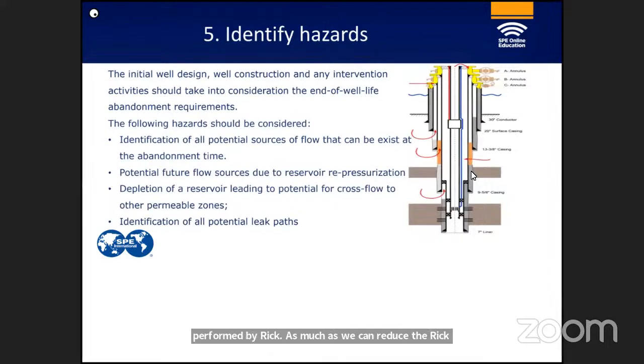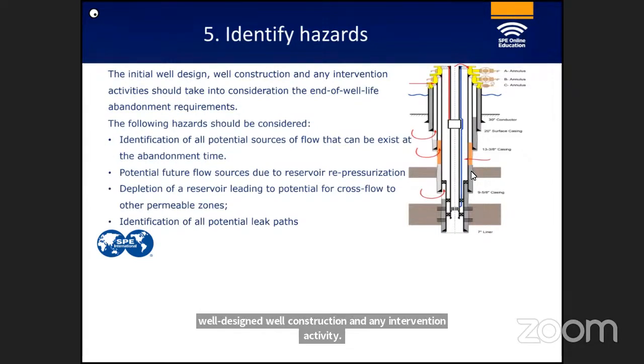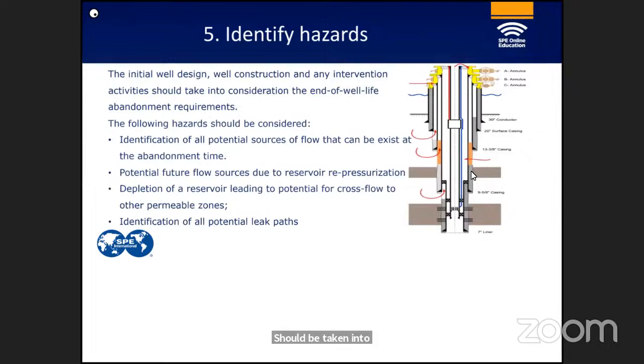The next task is to identify the hazards. The initial well design, well construction, and any intervention activity should be taken into consideration for the end of well life abandonment requirement. The hazards which should be considered are the identification of all potential sources of flow that can exist at the time of abandonment, including any failures of cement or casings which have happened or which are known during the well production or well operation stage.